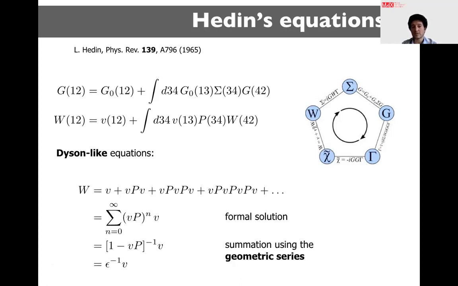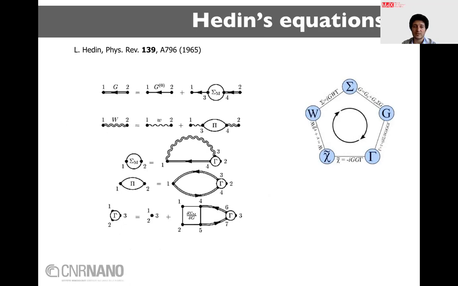Just as a side note, basically all these Dyson-like equations can be seen as a geometric series with a formal solution of this form. Actually, resummation is not always possible because of known limitations in the domain of convergence, but just for the sake of describing what we are obtaining, we can think of W or the Green's function as coming from multiple and more complex steps added one on top of the other.